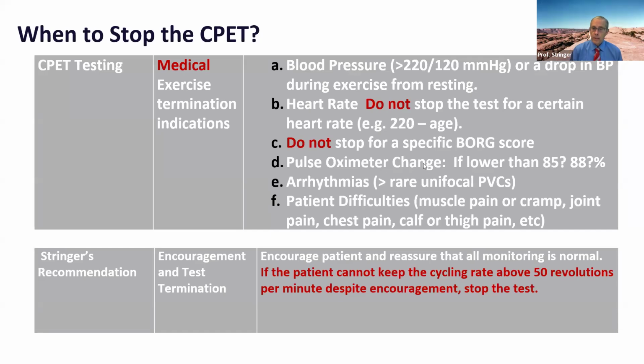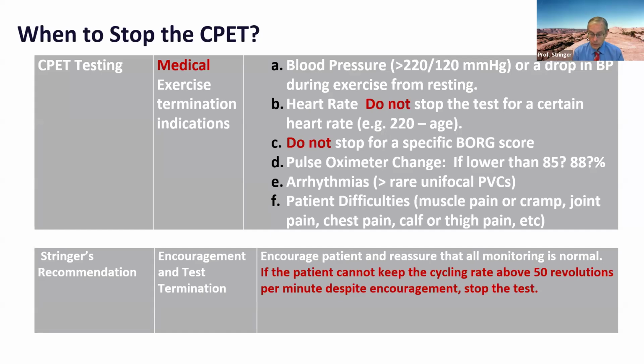Pulse oximeter change is something that you should pay attention to. If somebody's reliably running below 85%, I would say stop the test. If they're a known patient that desaturates, say a pulmonary hypertension patient with a shunt, and sometimes they go down into the 70s, and you're comfortable with that, you would need a physician in the room to be comfortable doing that study.